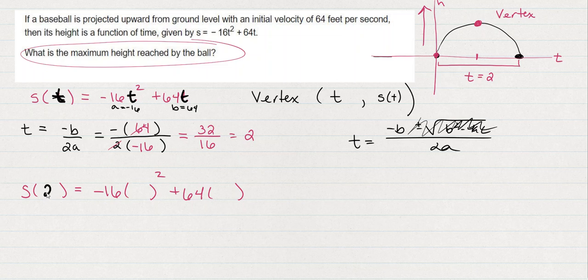So s of 2. Why 2? Because that's the first part of our vertex coordinate. And if I plug this into a calculator, I'm going to get s of 2 is equal to 64. So it looks like our vertex is t equals 2, height equals 64.